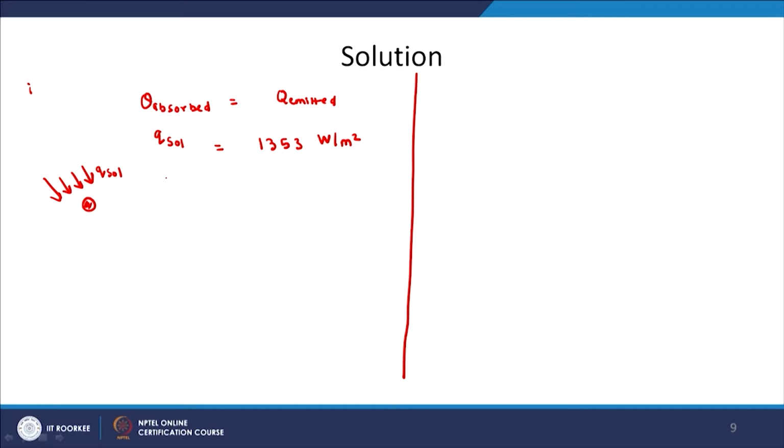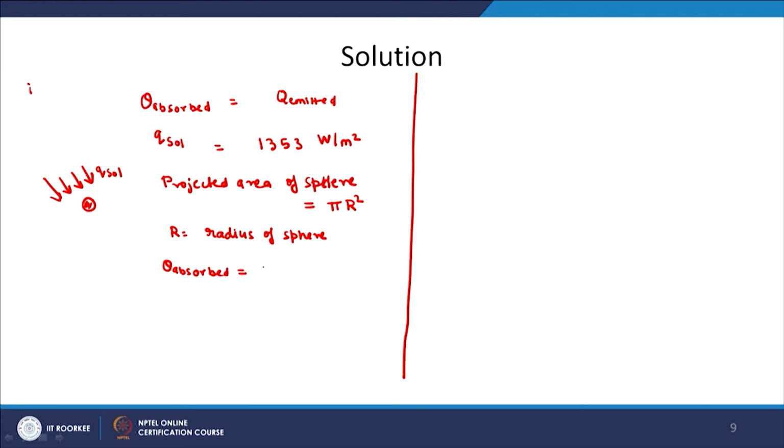Now, the projected area of the sphere is equal to pi r square, where r is the radius of the sphere.